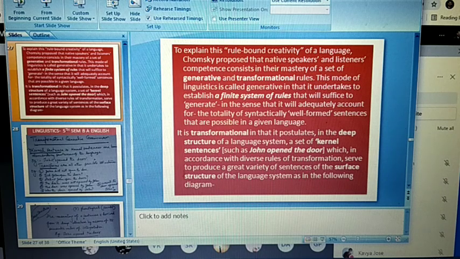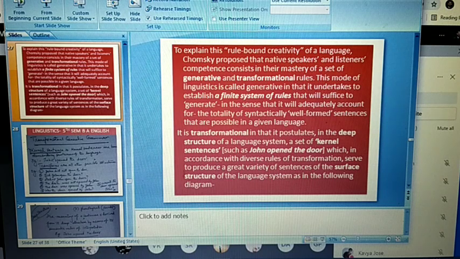With these rules and with your transformations of the vocabulary, you generate new utterances. It's transformational in that it postulates in the deep structure of a language a set of kernel sentences. So now you have to understand what deep structure is and what kernel sentences are. Very important for us to understand.